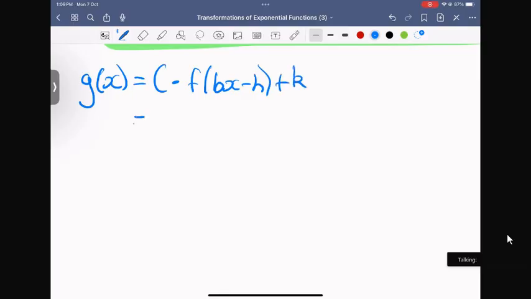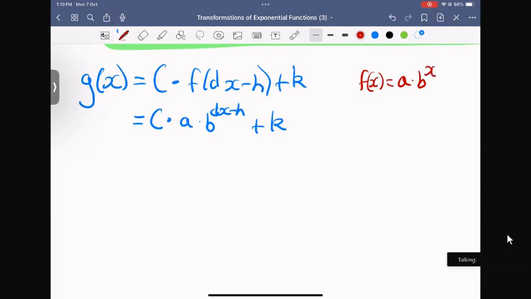If we insert function f, we get c times a, bracket, times, oh sorry, that was not b, I'm using a d there, aren't I? This one's a d, times dx minus h plus k. So I've put the function f in. If you remember, f is equal to a times b to the x.